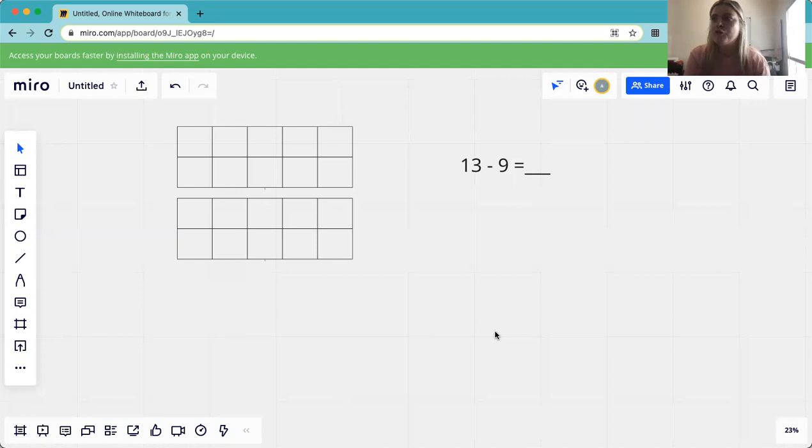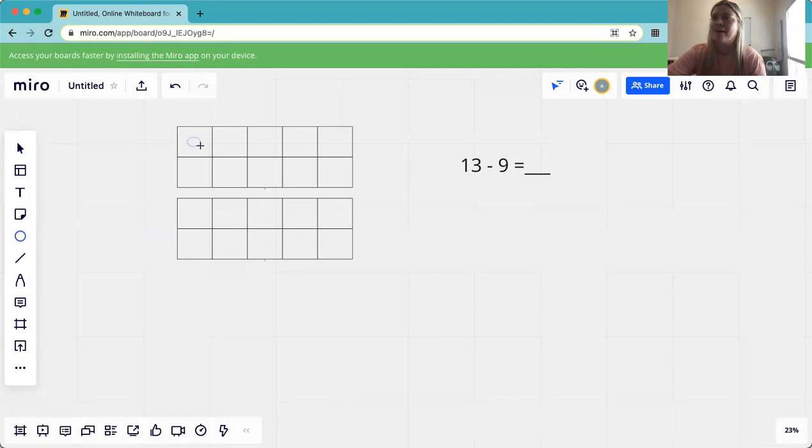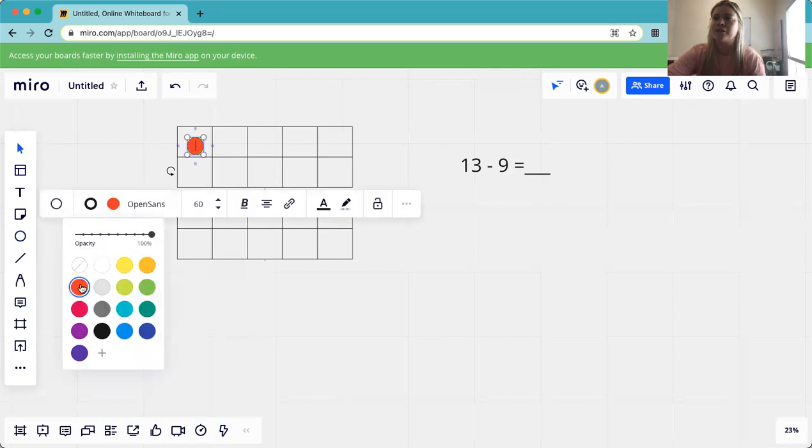All right. So you figured out what 13 minus 9 equals. What I'm going to do first is make my 9 chips, my 9 red. I'm going to start with that first number. So I'm going to make 9 red. Let me change these to red. Click it.